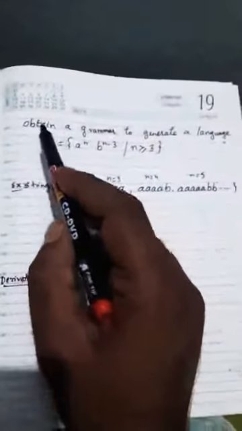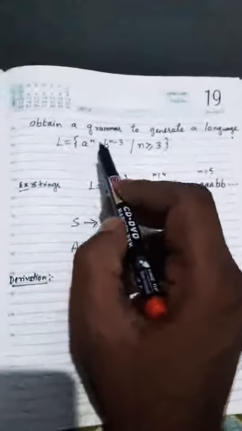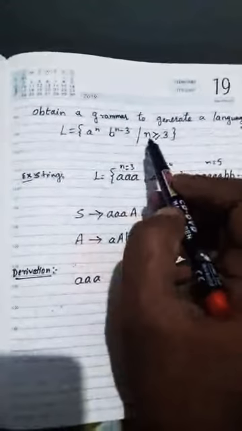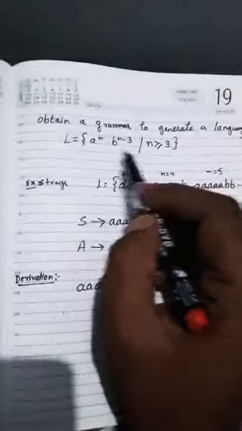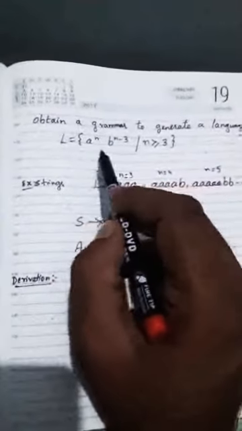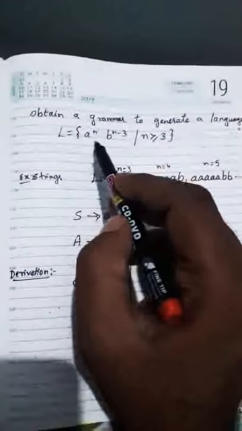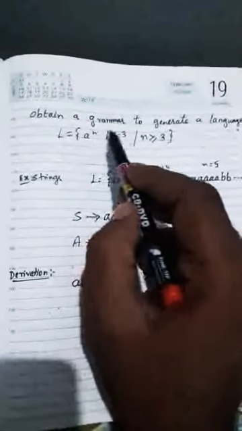Next we will move on to the given language, that is, obtain the grammar to generate the given language L equal to a power n, b power n minus 3, where n is greater than or equal to 3. What it says is you can write any string, but in that string the number of a's should be 3 more than the number of b's.